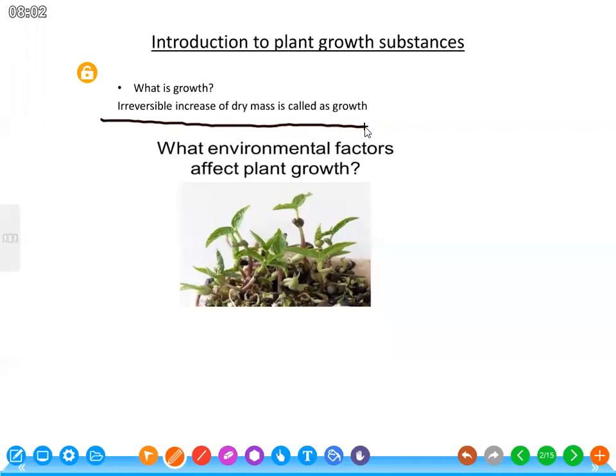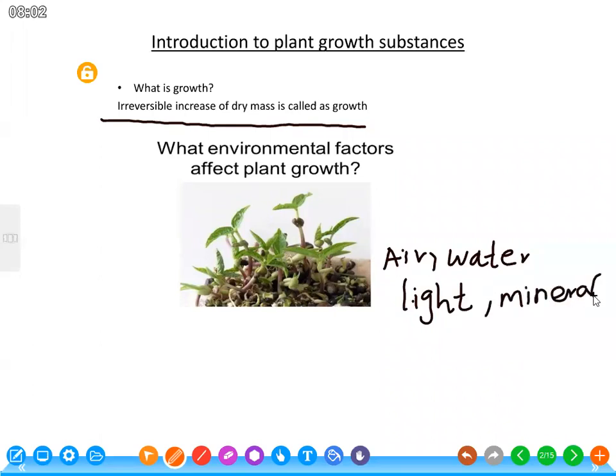They are air, water, light, and minerals. So these are the factors that affect plant growth.